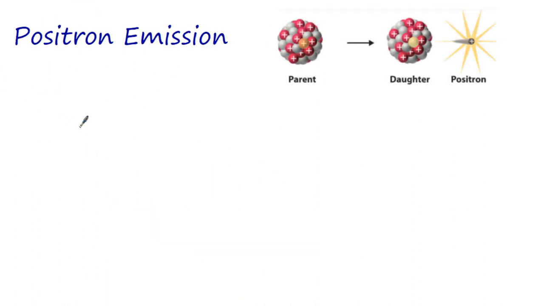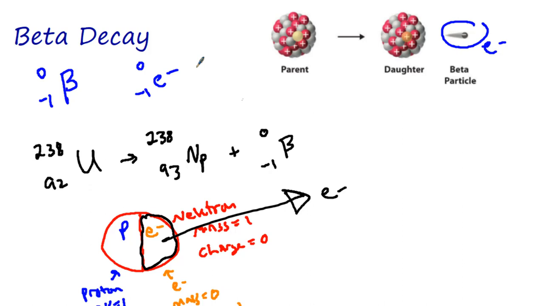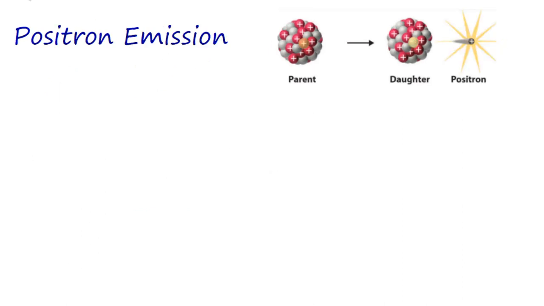Okay. So we also have what's called positron emission. Think about an electron, a high-speed electron comes flying off. Well, we have these particles which are called antimatter. If you remember, an electron has a mass of 0 and a charge of negative 1. So what is a positron? A positron is the exact same thing, but it's the antimatter.